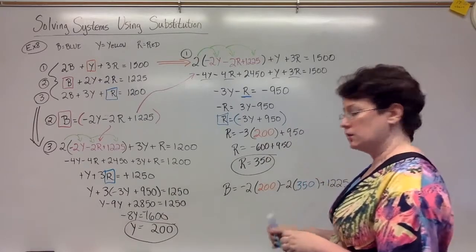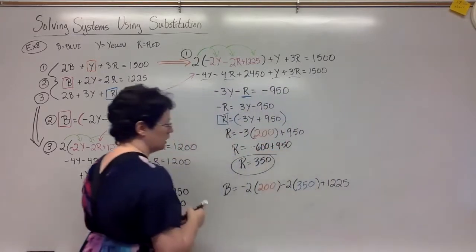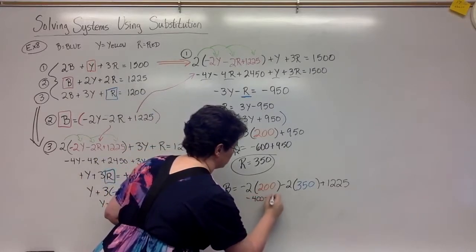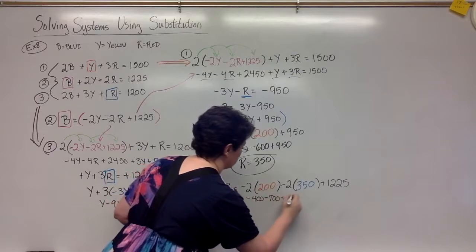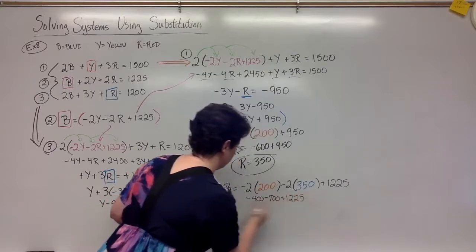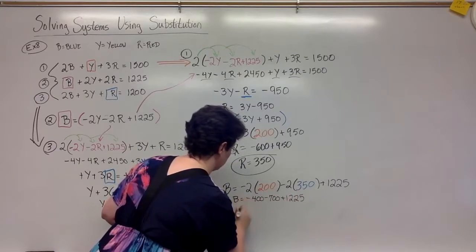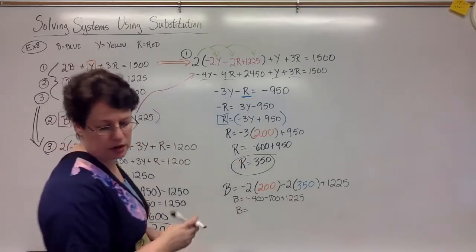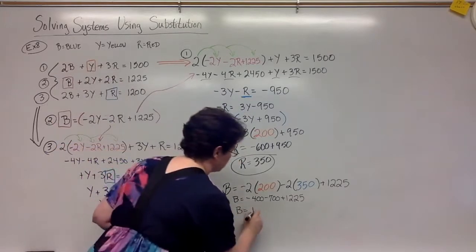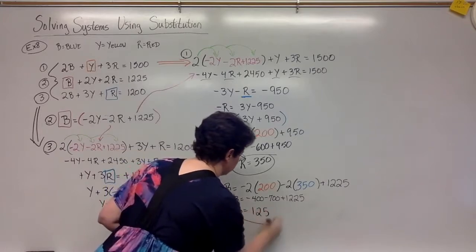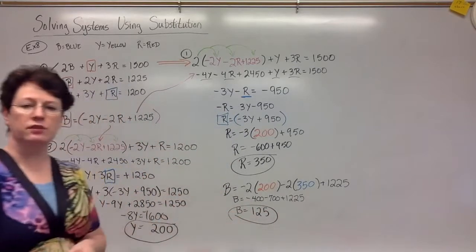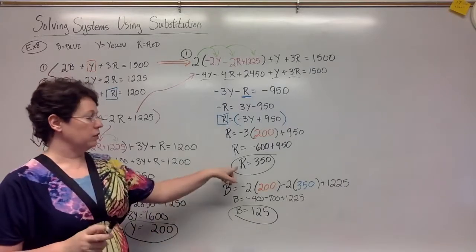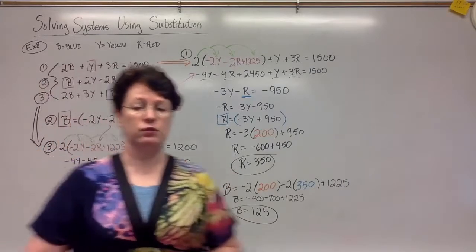Okay? So I have negative 400 minus 700 plus 1225. This is 1100, right? So b is 125. So I have 125 points for the blue, 200 points for the yellow, and 350 points for the red.